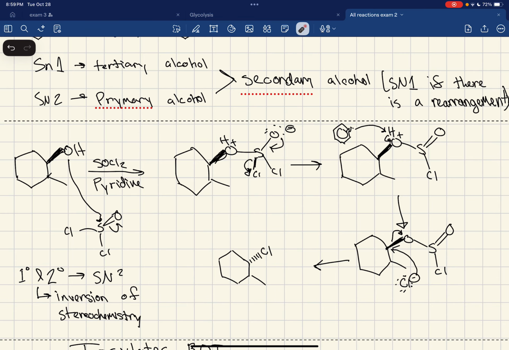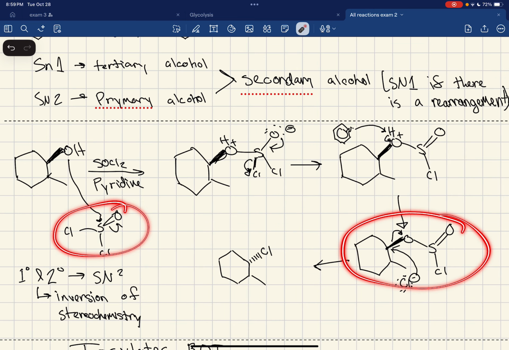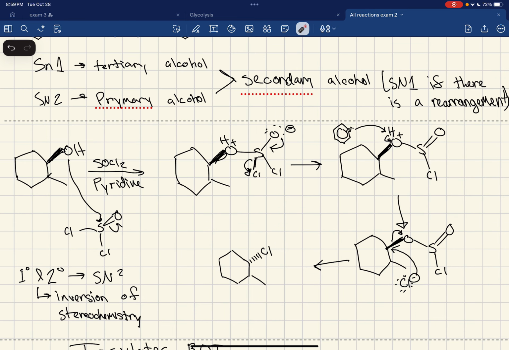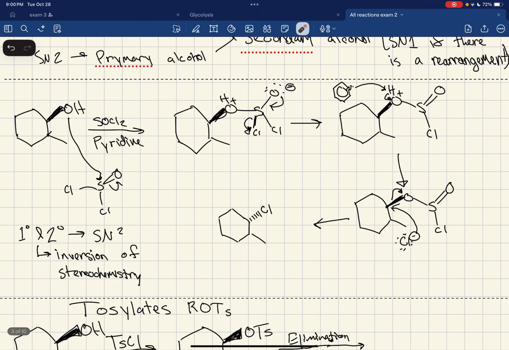And then it makes this alcohol a good leaving group when it looks like that. And then that chlorine that gets knocked off in this step comes in a nucleophilic attack and attacks that and knocks it off in an SN2 type reaction. And there's inversion of stereochemistry.